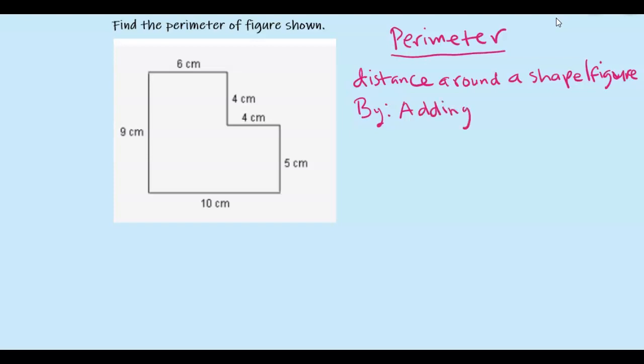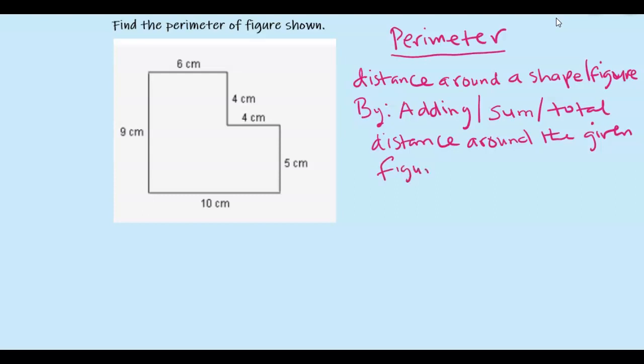You add, or say you find the sum, the total distance around the given figure.